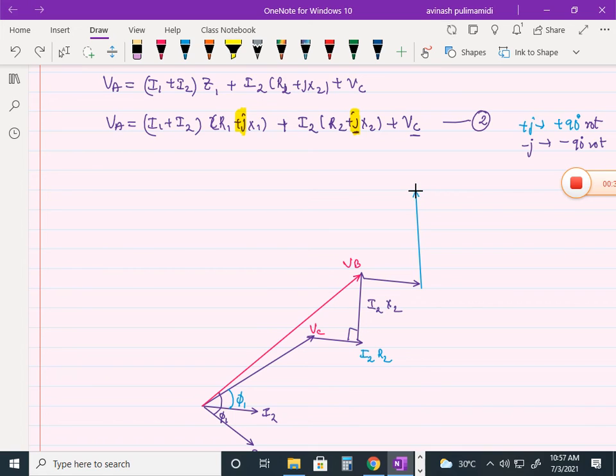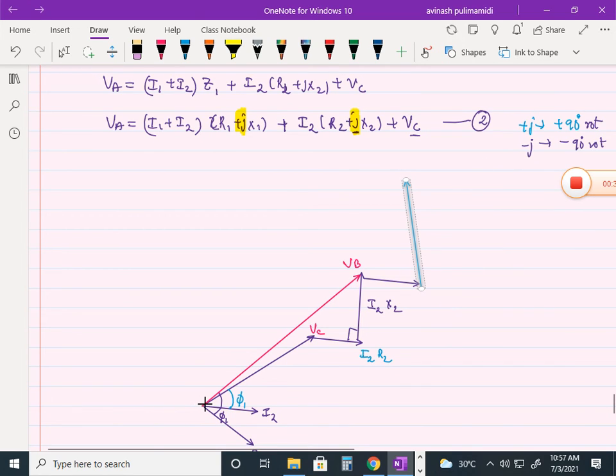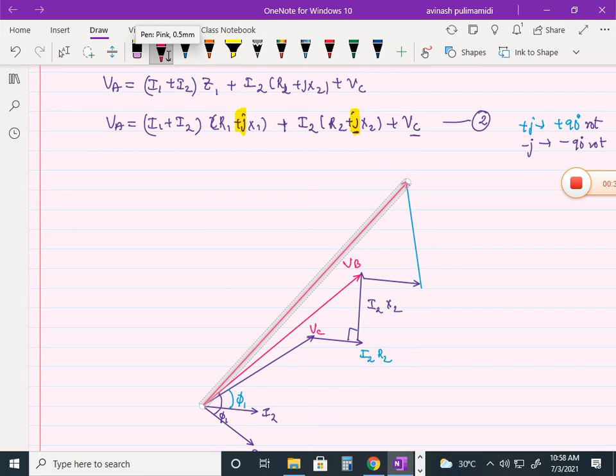Now again, it will be plus 90-degree rotation. Okay. Now this will be VA.